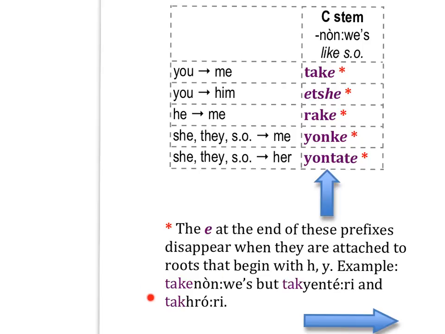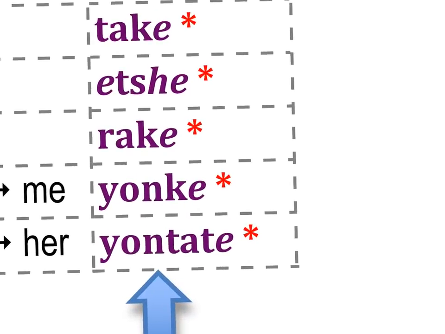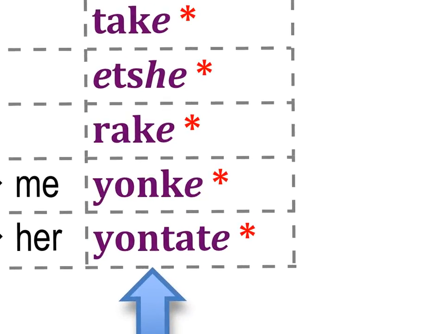We've shown you a couple of examples here, like dagyenderi and dakrori. But I'll show you how it applies to a root that we will be using in our unit, and that is the root yachts. So our verb root yachts means to be called by a name. It doesn't apply to these examples of prefixes here because we use it for they call me or they call you or they call her.